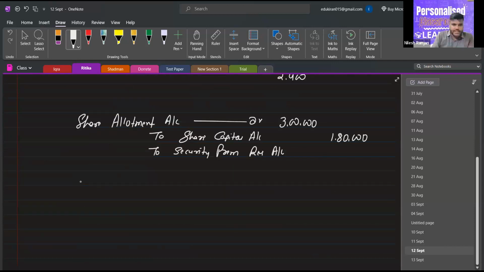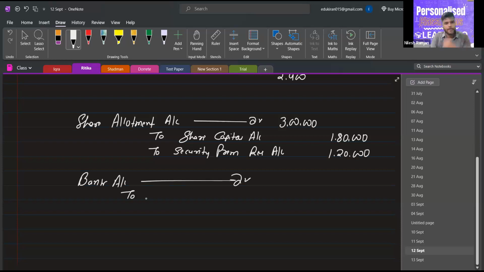Okay. The next is bank account debit to share allotment account. How much money we will receive on allotment? This is the important question here because this is the most confusing part. Now, total amount that we have demanded is 3 lakh.